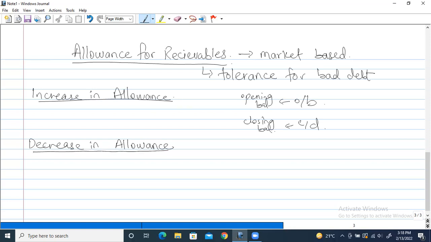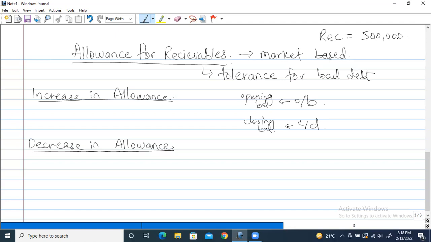But before this, let me explain one more thing over here. Let me take an example of opening balance. Let's say our total receivables for the year were $500,000. And there is a specific percentage that is set.